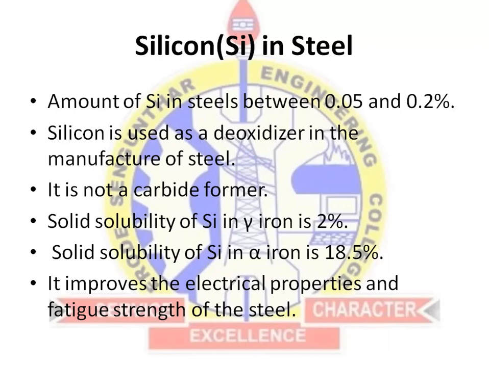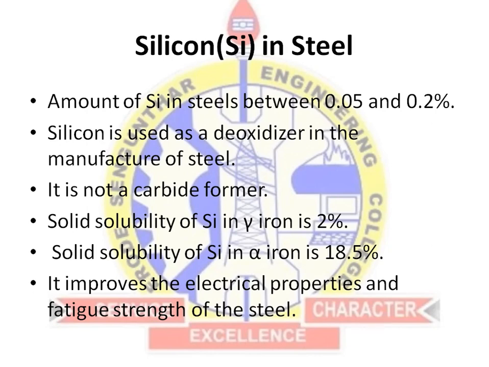It is a carbide former. Next, the solid solubility of silicon in gamma iron is 2%, and the solid solubility of silicon in alpha iron is about 18.5%. So it varies by about 16% in solid solubility.